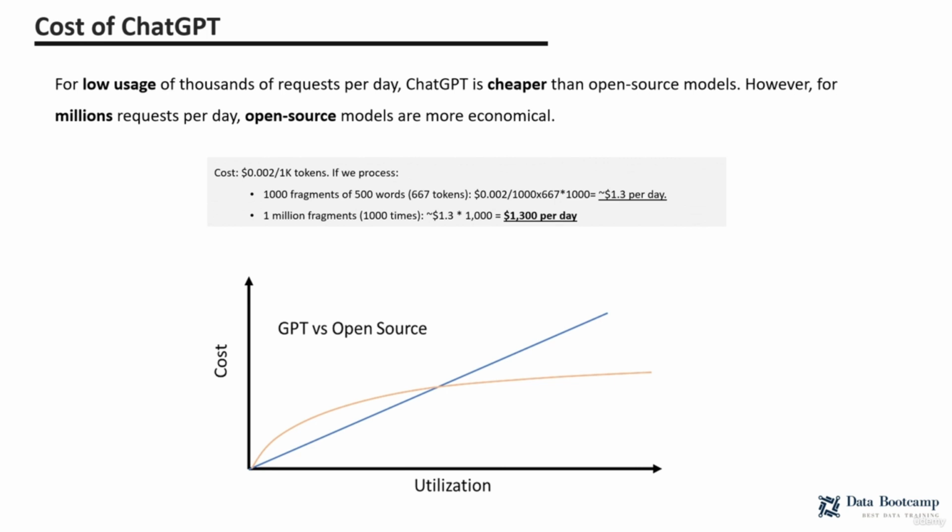Therefore, when limited usage of ChatGPT is involved, the cost may be affordable. However, when normal and standardized usage is implemented in a company, the cost becomes exorbitant. In such cases, it is more cost-effective to train our own open-source model rather than relying on ChatGPT.